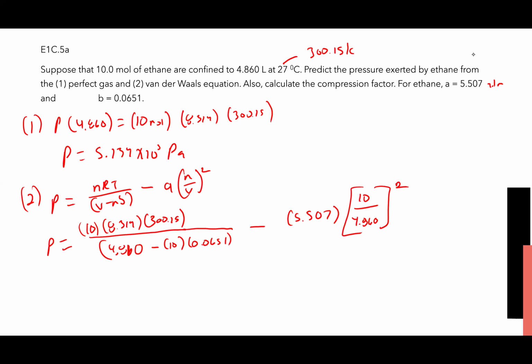Now there's going to be lots and lots of simplification here. Let's do the right-hand term first. Let's do 10 divided by 4.86, which gives me 2.057.